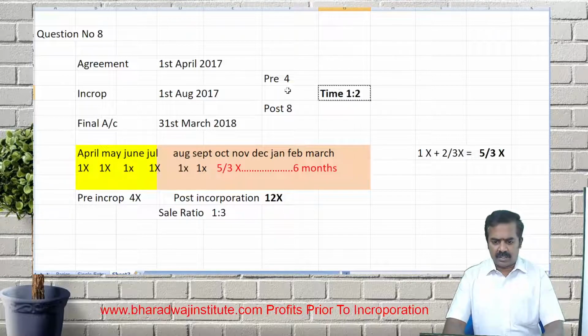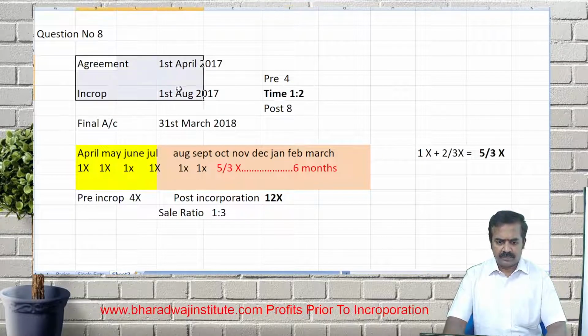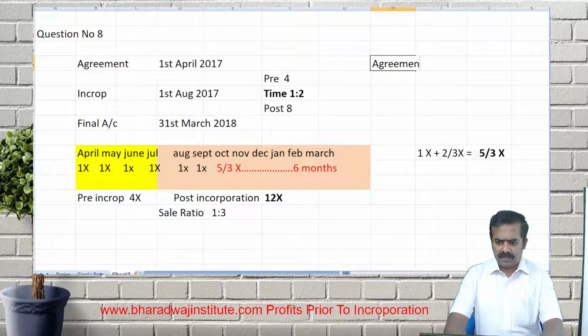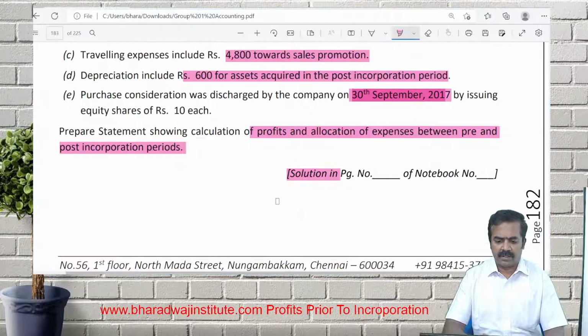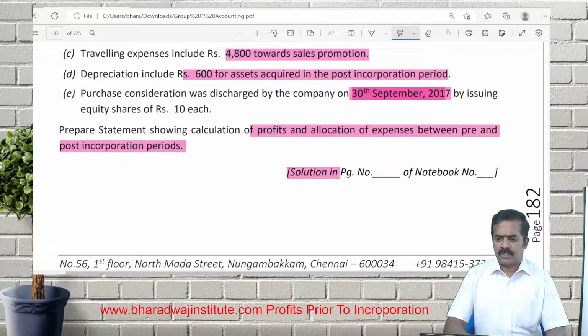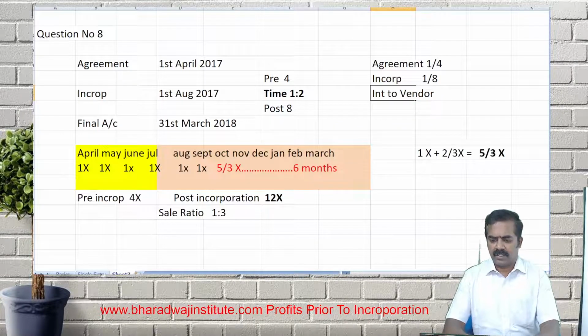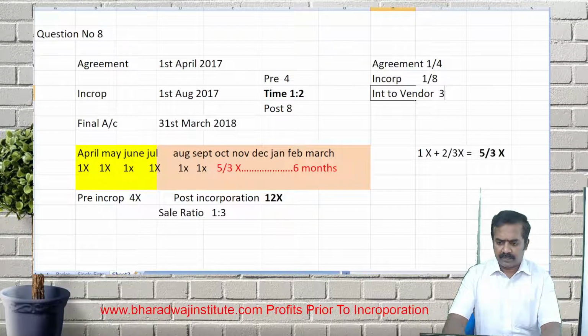Next, similarly look at interest paid to vendors. The agreement was signed on 1st April. Incorporation is on 1st August. Interest to vendor, till what date is it paid? Look in the adjustments. Purchase consideration was paid on 30th September 2017. How many months are pre-incorporation?